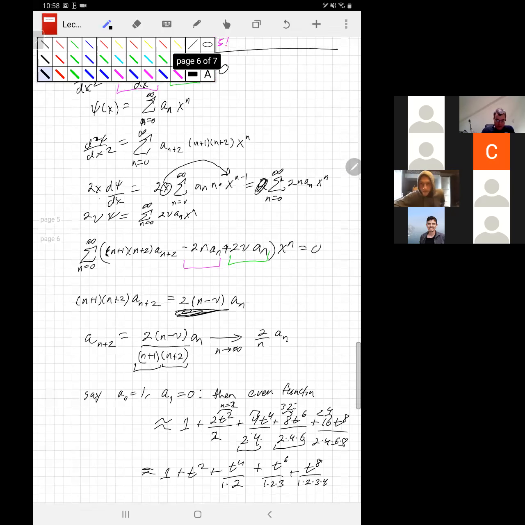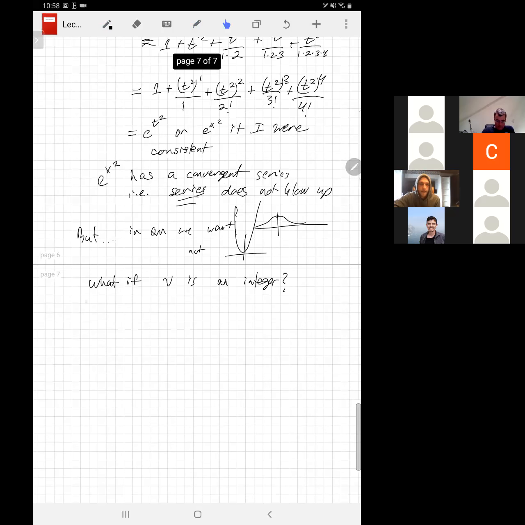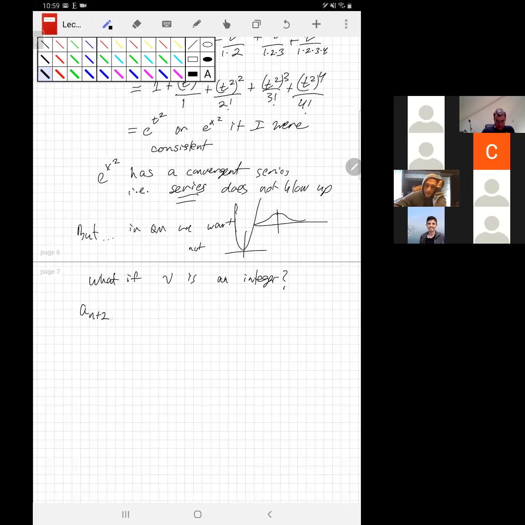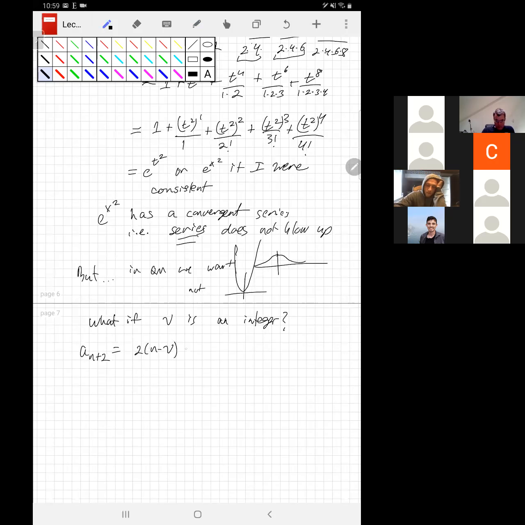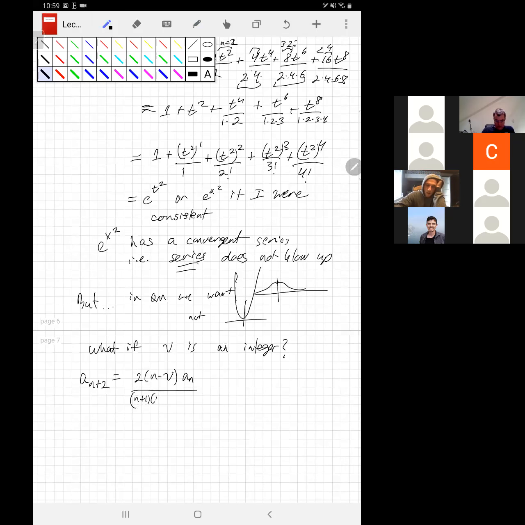I'm going to rewrite this here. a_(n+2) is equal to 2(n minus nu) a_n over (n plus 1)(n plus 2).